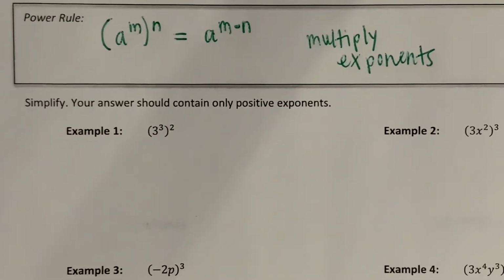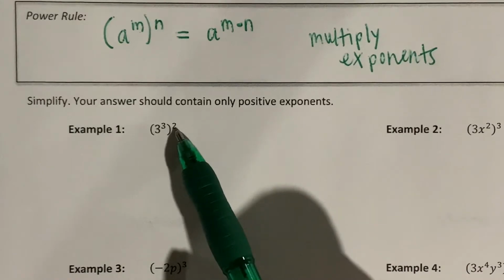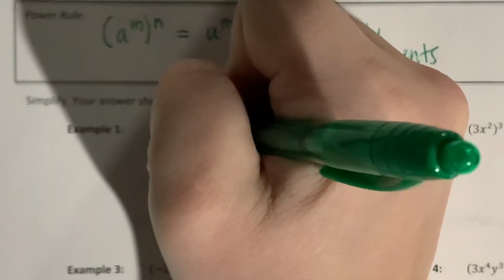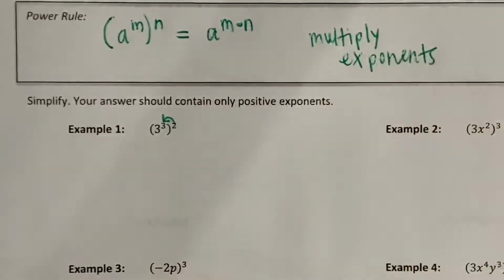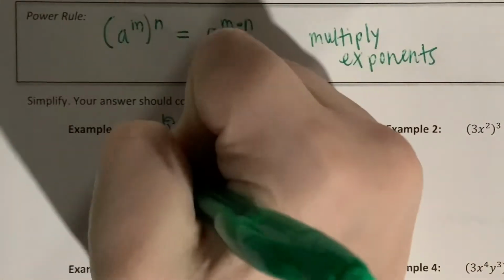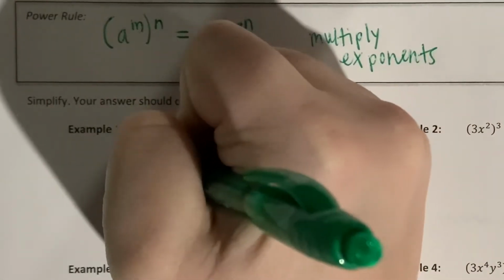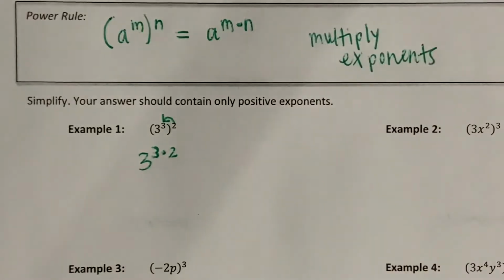So if we look at example 1, I have 3 to the third power raised here to the second power. So I will have to distribute this exponent, this squared. You can think of it like that. Really, my base is 3, and I'm doing 3 times 2 for my exponent.